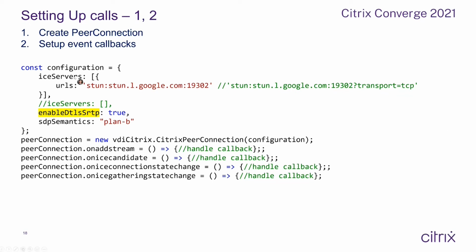In order to enable DTLS, we are going to use the enable DTLS SRTP property of the peer connection configuration and set that to true, and then use that configuration to create the peer connection. So that's how we turn on DTLS.